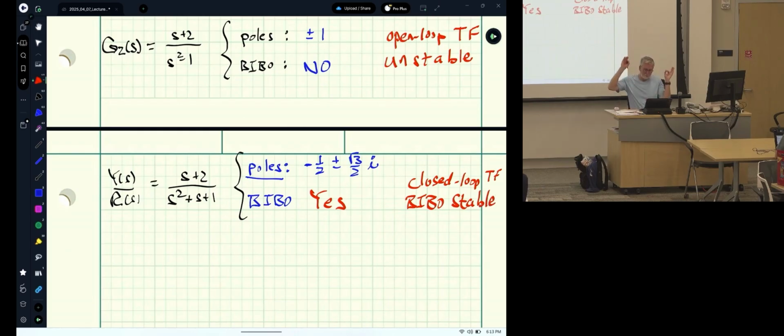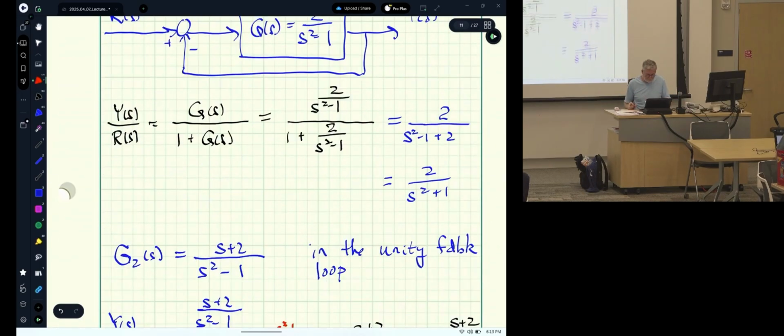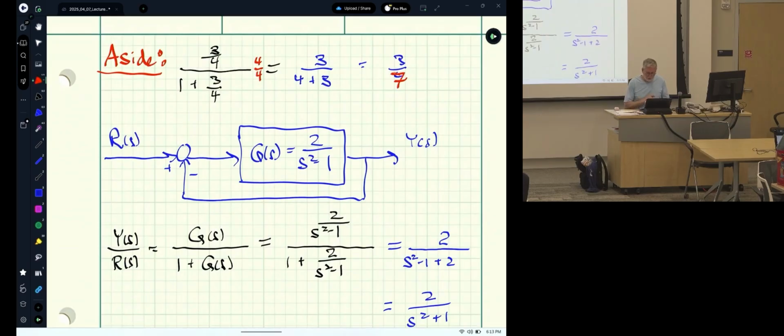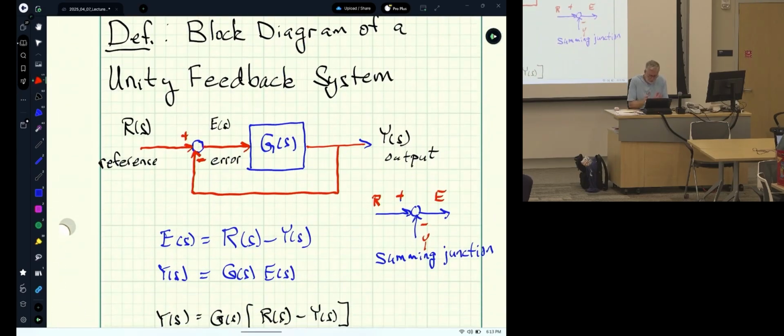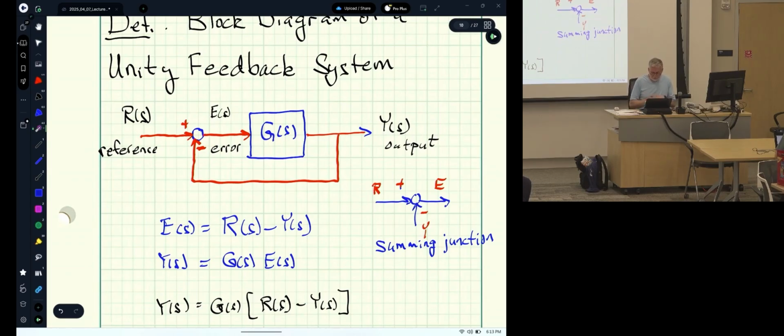So this is one of the amazing uses of feedback. We can take a system, depending upon what's here, it can be unstable, and by adding this unity feedback loop, it becomes BIBO stable.